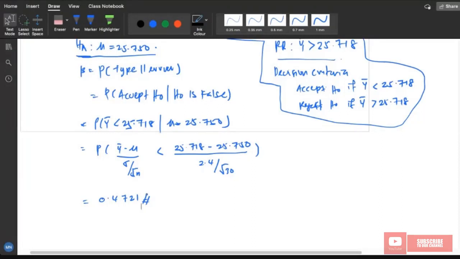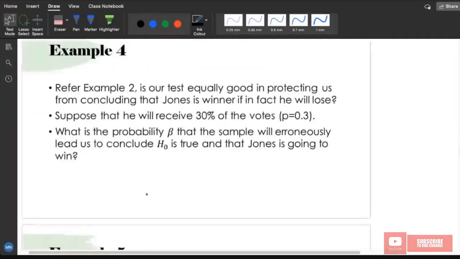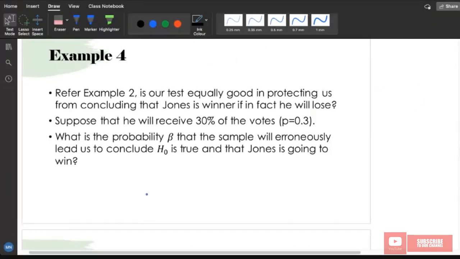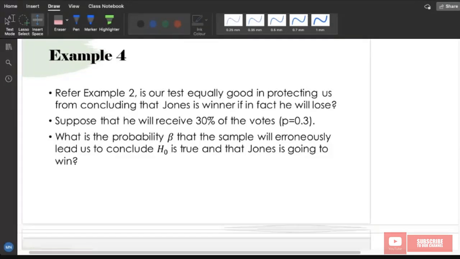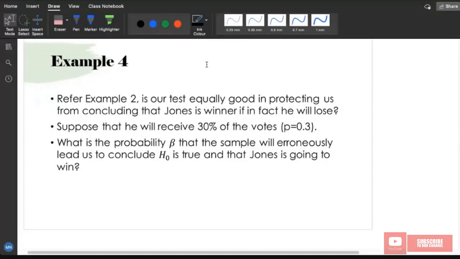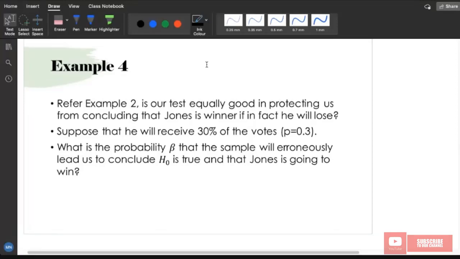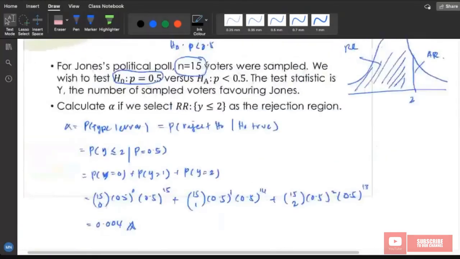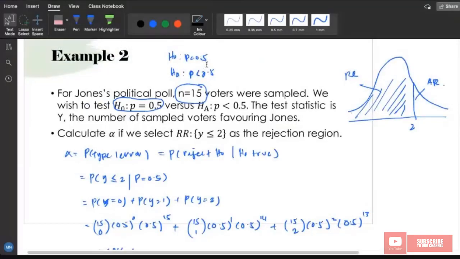Right. Now, let's look at another example, then we will revise your understanding, right? Don't worry, I prepared a lot of examples for this subtopic for you to understand thoroughly. So we need to refer to example number 2, Jones political poll.